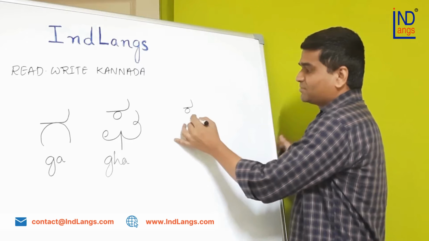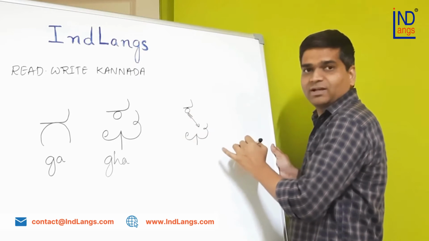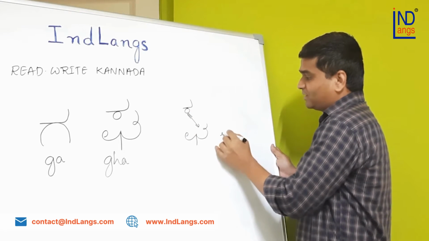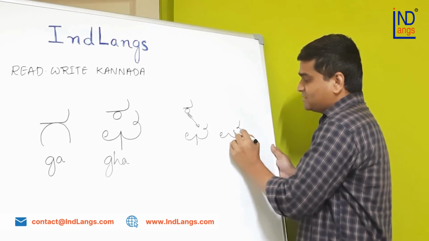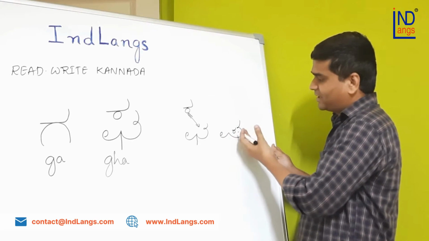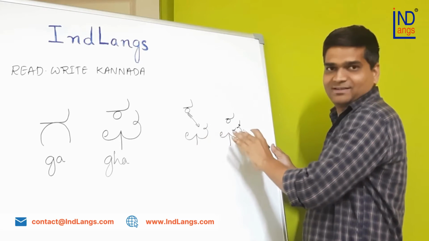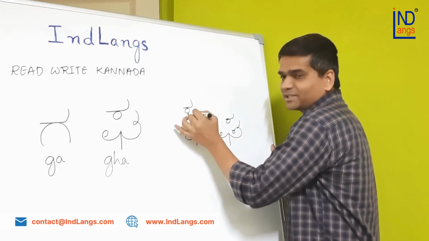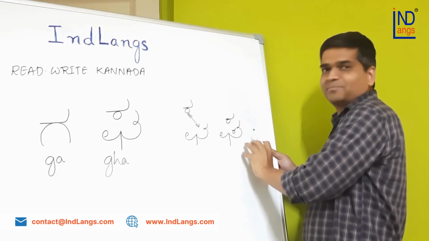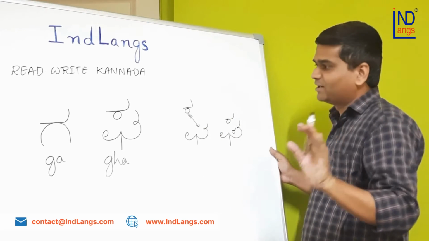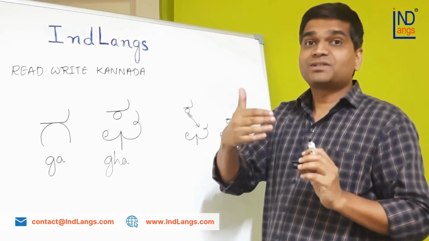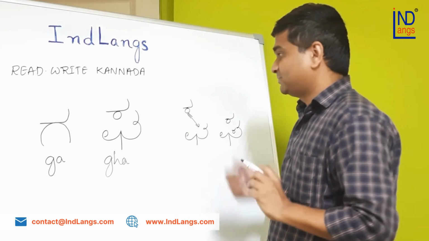You should not have this much distance here. And then some people will write it inside the base. Why don't you write here? Write it properly here. So this is how you have to write. Don't make too much distance, and don't put it inside the base letter. You're getting my point? So this is Gha, the most decorated letter in Kannada.